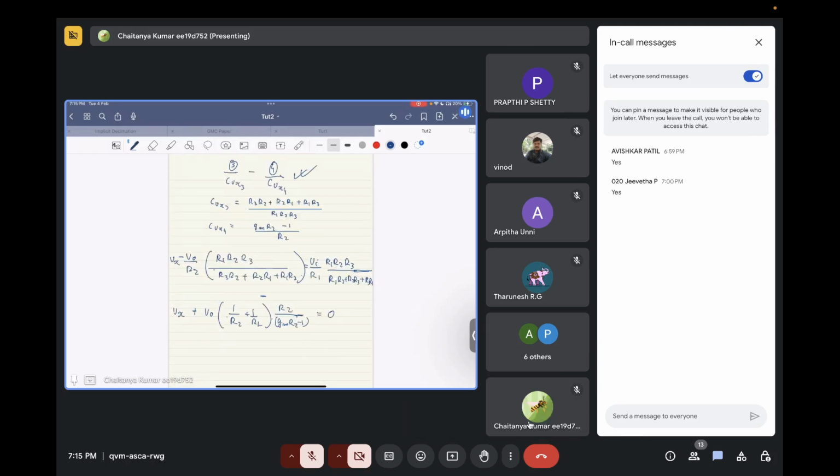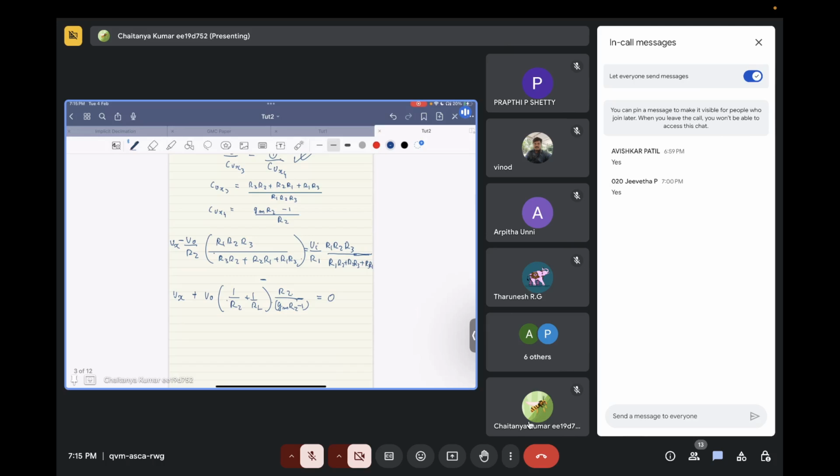Okay. So if you subtract the two equations, what you get over here is minus V. In the first equation, you can remove this R2 by R2, and over here R1 by R1. Is this correct?